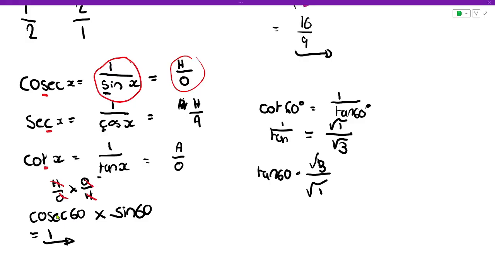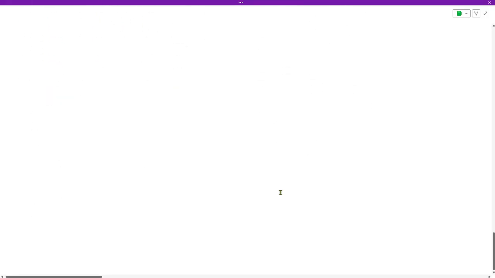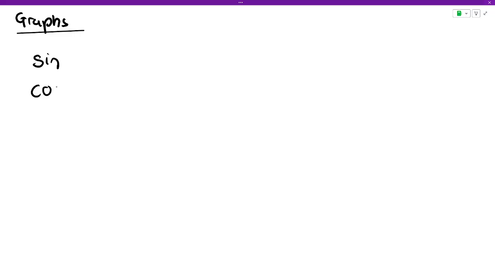Okay, right. Graphs. Probably the most difficult part of this section, graphs. Now, there's sine, cos, and tan. But what a graph is, we know, your straight line graphs. So it's quite simple.